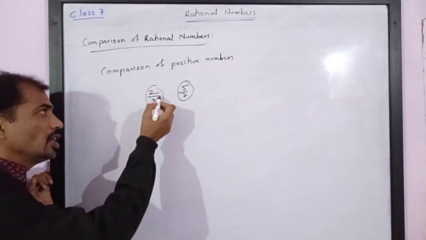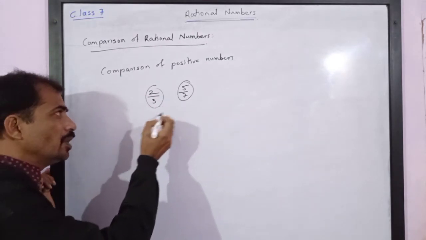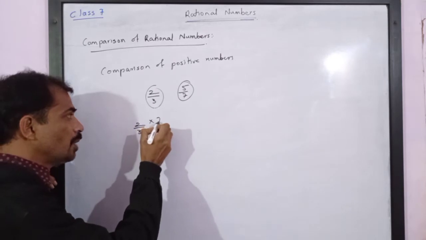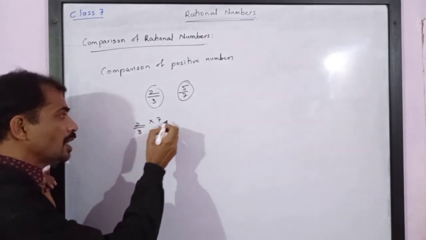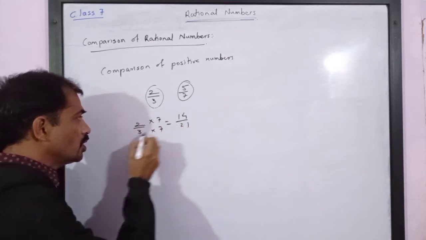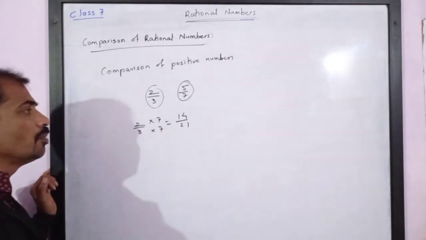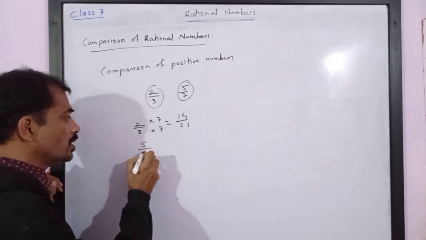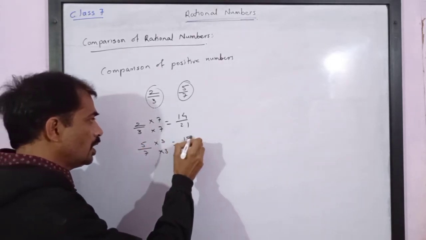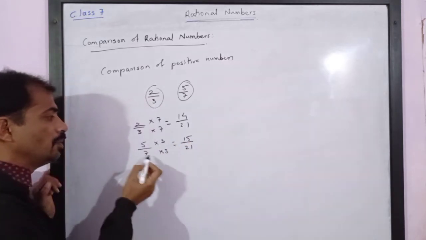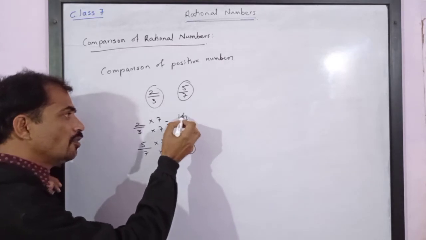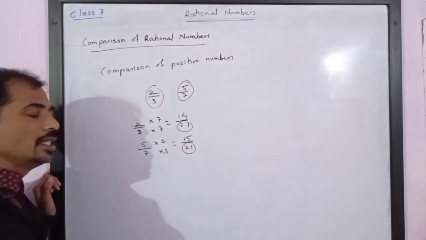So to make the denominators the same, we multiply the first fraction by 7. If you multiply numerator and denominator both by 7, we get 14 upon 21. So 2 upon 3 is equal to 14 upon 21, and 5 upon 7, if you multiply this by 3, we will get 15 upon 21. It means the denominators are the same. If the denominators are the same, then the fraction with the bigger numerator is bigger.